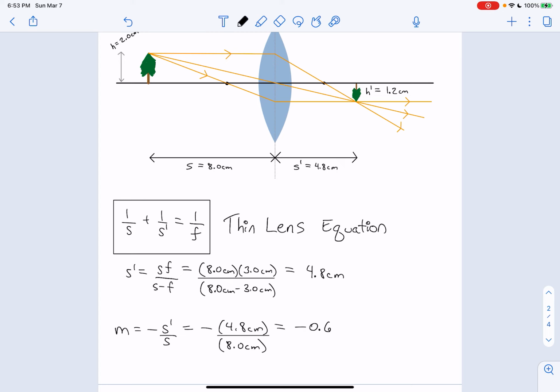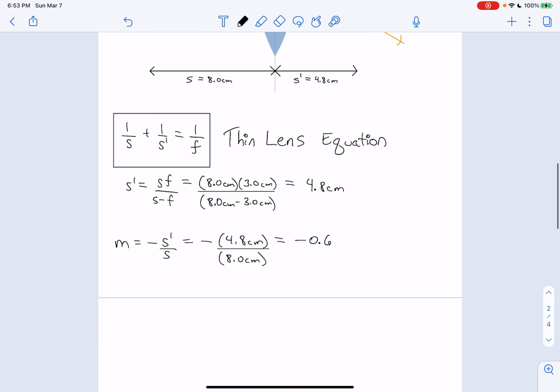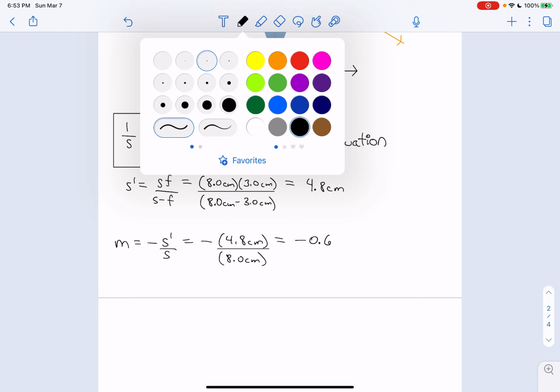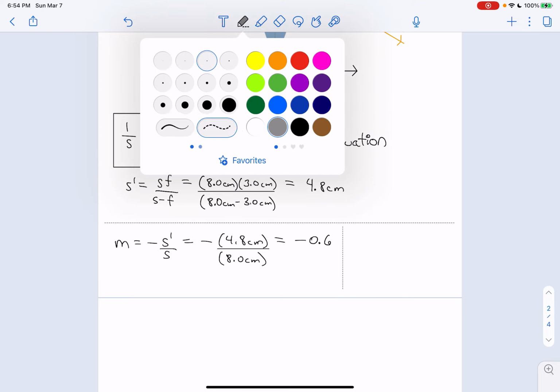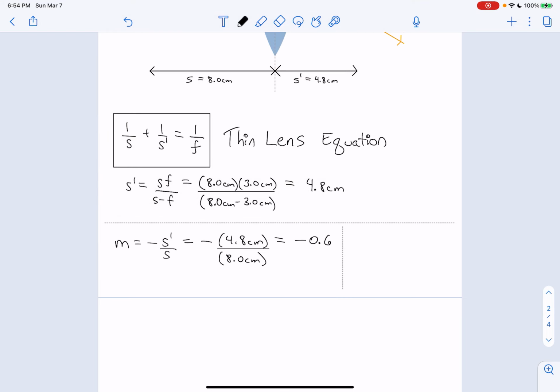Okay, so the next thing that we want to do to work out what the height is, is to use the magnification factor in order to see what the height ends up being. So it's just going to be the h prime is going to be equal to the magnitude of that M value times the original height.